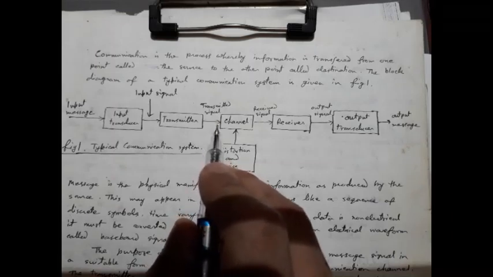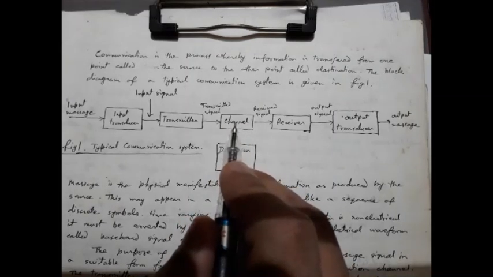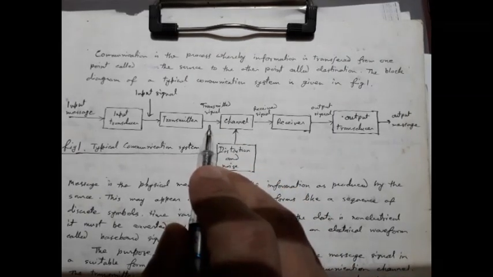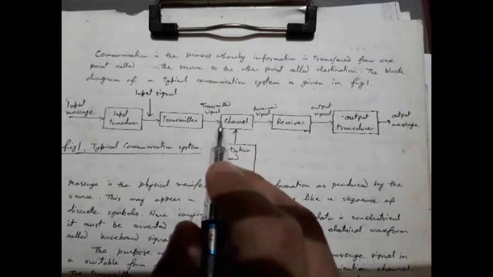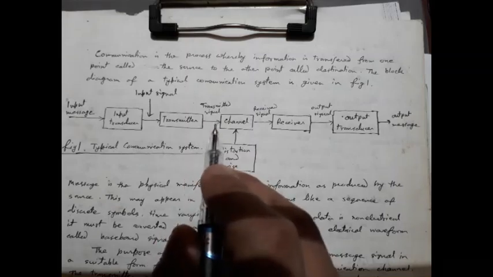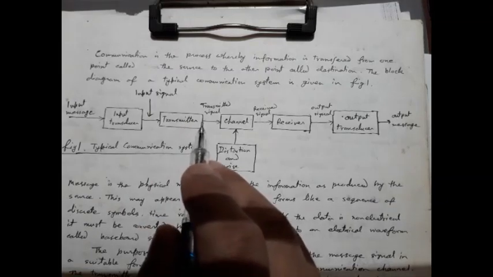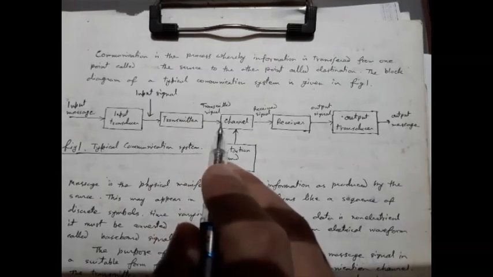For example, if the channel is optical fiber, then we cannot transfer a signal of frequency say 1 megahertz or 2 megahertz. We have to convert this signal into the optical domain. So likewise, that is the job of the transmitter. So the transmitter will make the signal compatible to the channel.